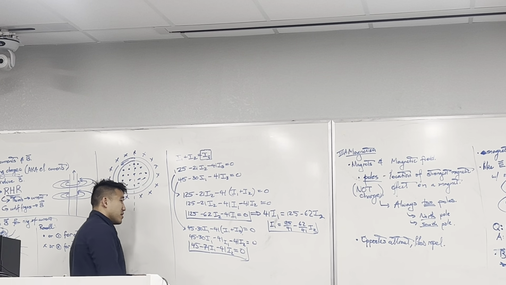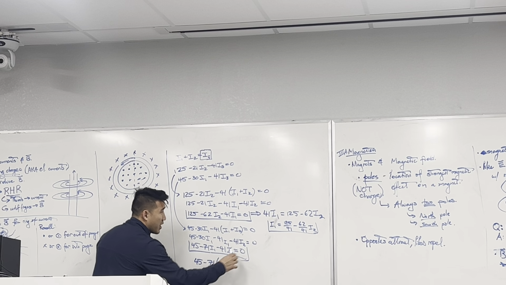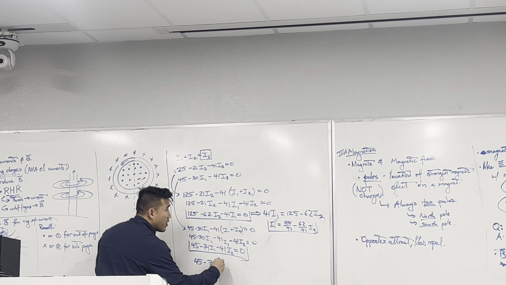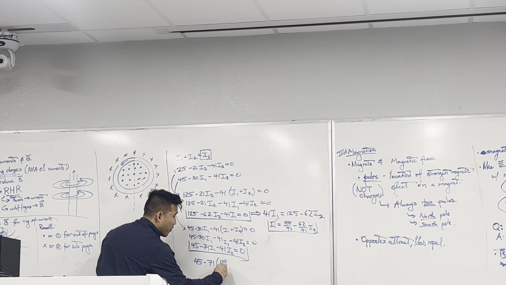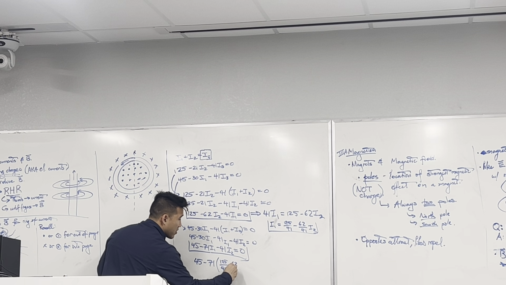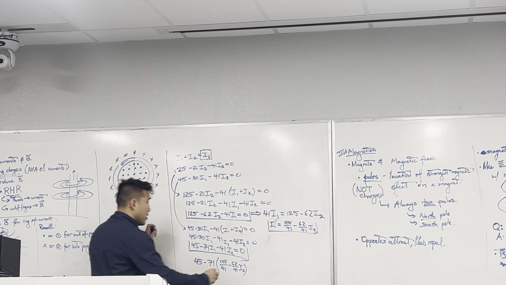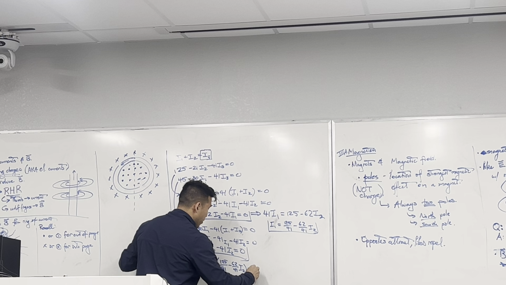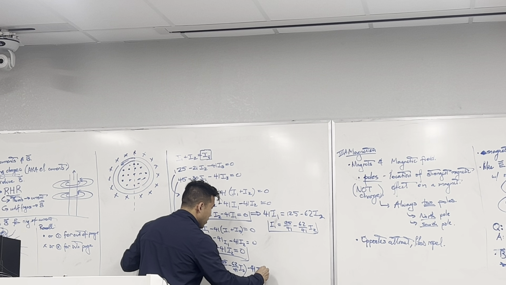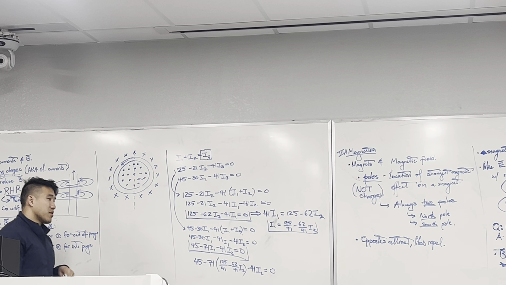So this becomes 45 minus 71 times this entire thing, 125 over 41 minus 62 over 41 I2, minus 41 I2 is equal to 0.